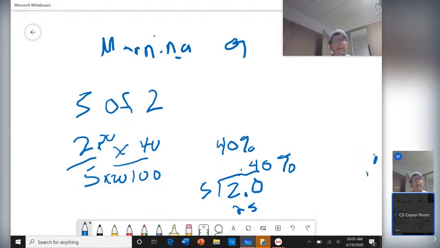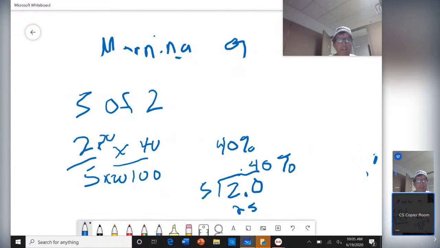Okay. So really, you guys, there's a couple ways you can do percent. You can do where you just basically put it over 100, and then you just multiply the denominator by a number that gets you 100. In this case, it was 20.